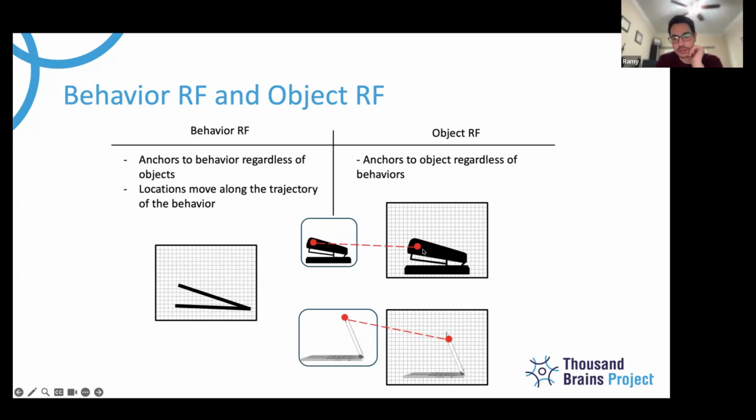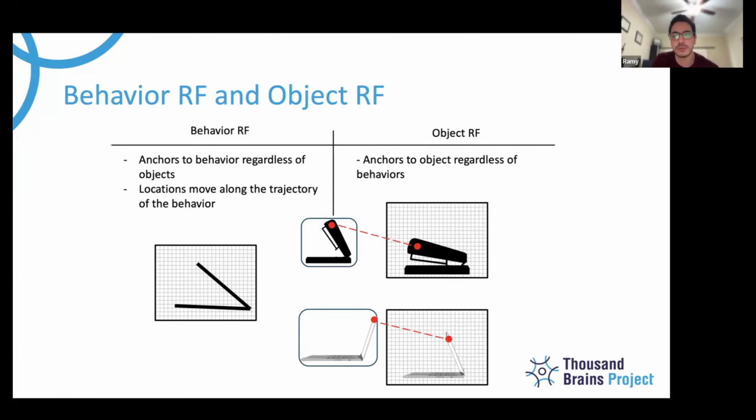This on the right is the object reference frame, and this here on the left is the behavior reference frame. The behavior can change the object. What's in the middle here is kind of the superposition of both, some sort of conjunctive code, kind of like in the Tolman-Eichenbaum machine. It's both of those. In order to actually represent the object at a specific behavior, we need both locations.